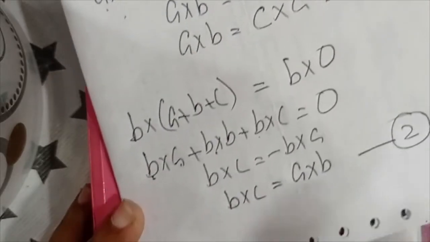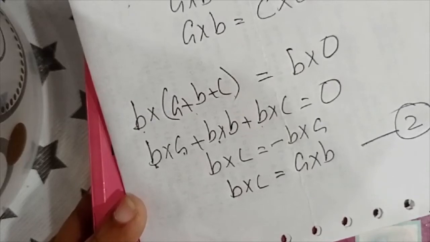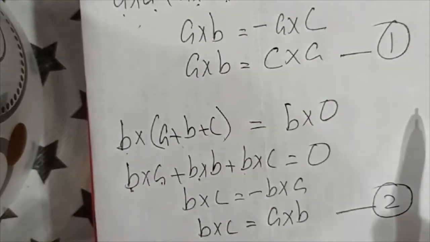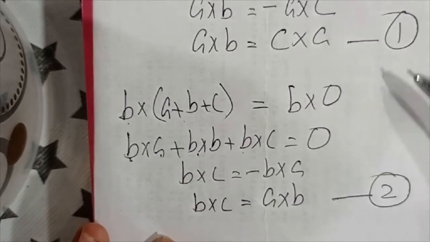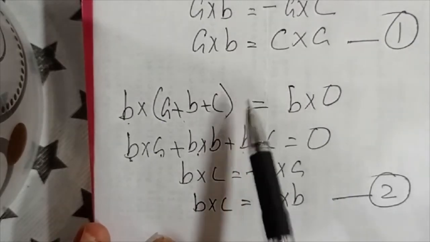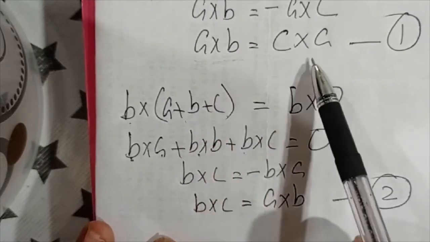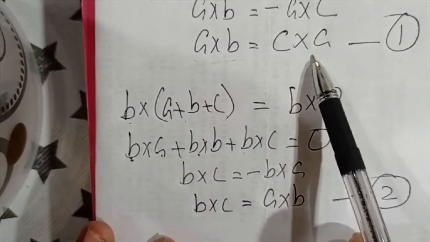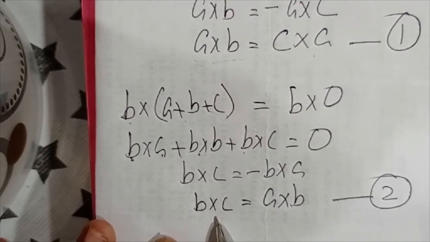Now, one more step is there: you can take c cross (a plus b plus c). Anyway, comparing equations 1 and 2, look at the board. You will get a cross b is equal to c cross a, and the same a cross b equal to b cross c.